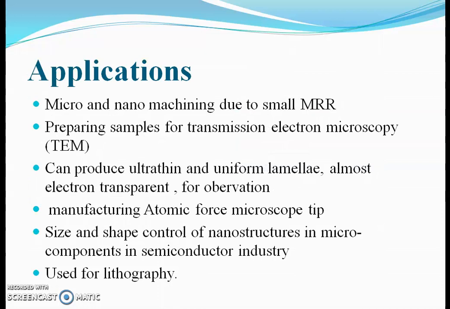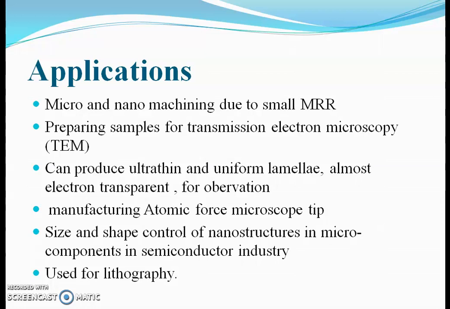Applications: as we discussed in the first slide, it is used to manufacture semiconductors, in the biological field, then material science also. So there is a variety of applications available. Micro and nano machining, due to small material removal rate, we are using micro and nano machining process. Preparing samples for transmission electron microscope. Samples can be prepared for this TEM process.